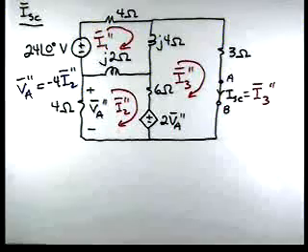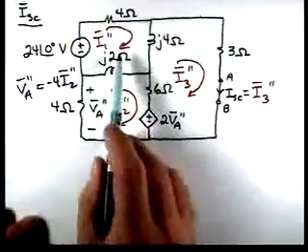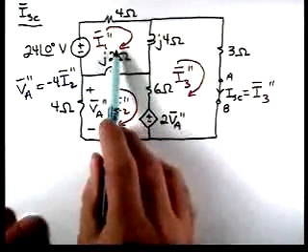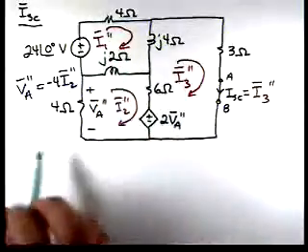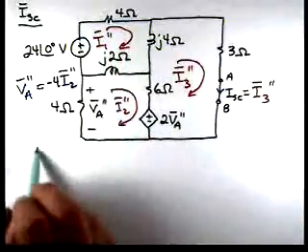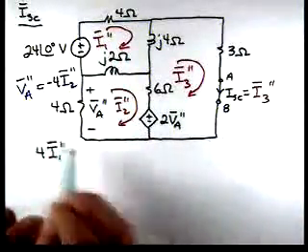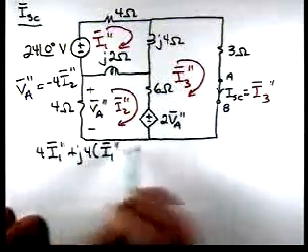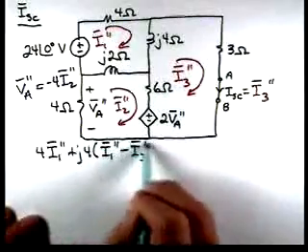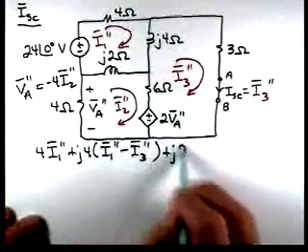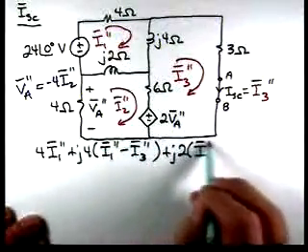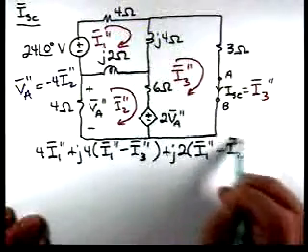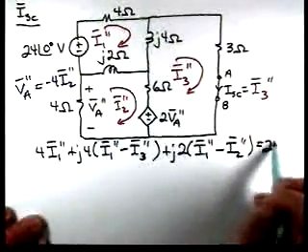So let's start again with the top mesh up here, and we'll have 4 I1 double prime plus J4 times (I1 double prime minus I3 double prime) plus J2 times (I1 double prime minus I2 double prime) equal 24 at an angle of 0.